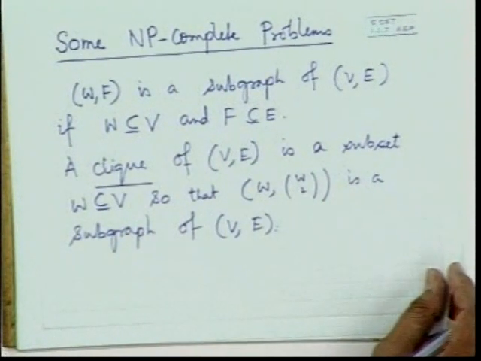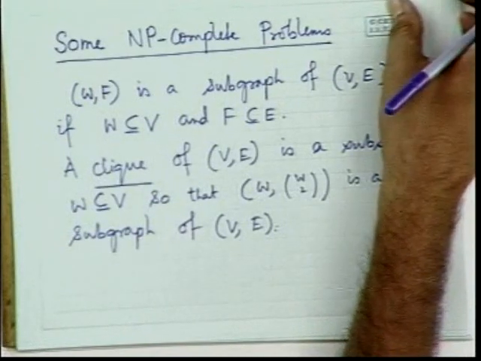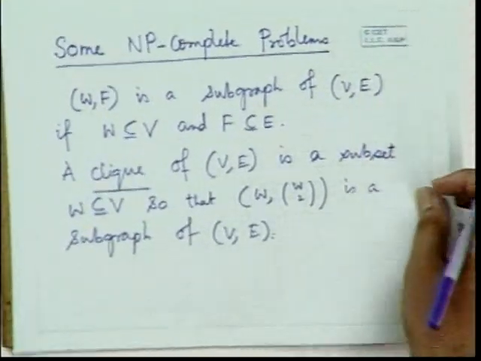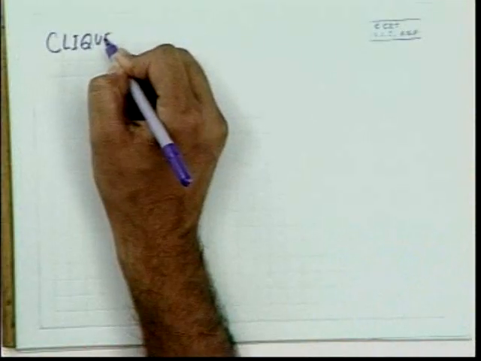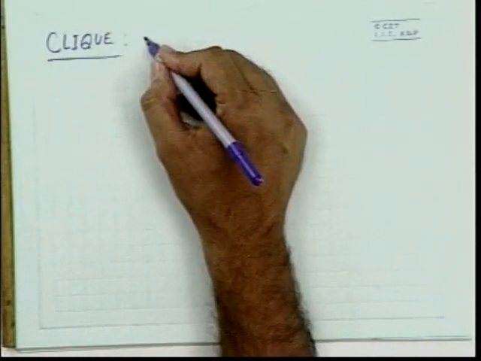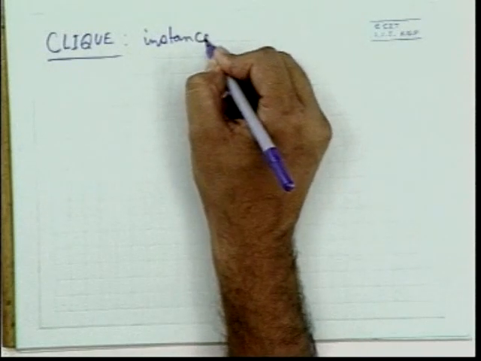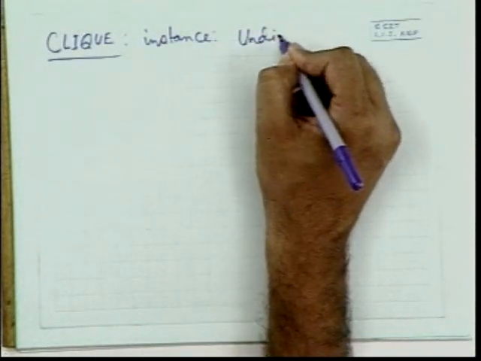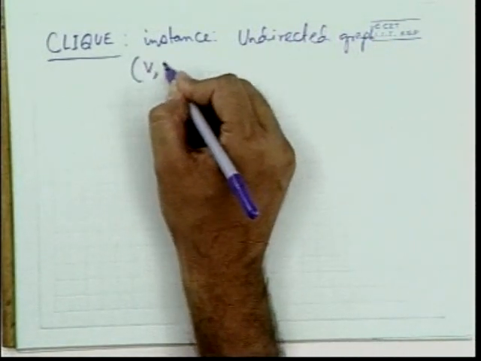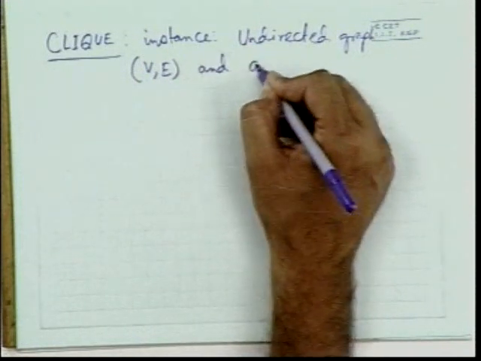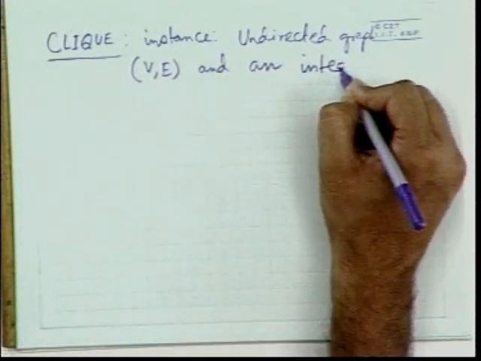Now the language version, or the decision version, of this problem is: given a graph, we ask, does the graph have a clique of size k? So the clique problem is this. An instance of the clique problem is an undirected graph (V, E) and an integer k.